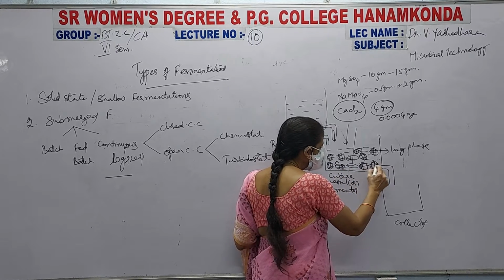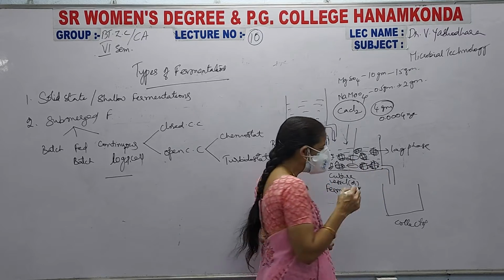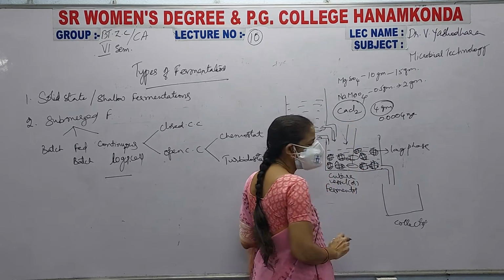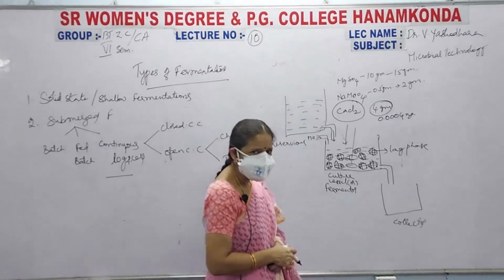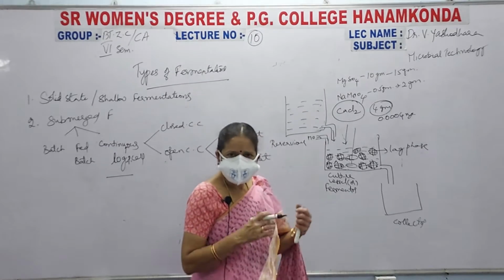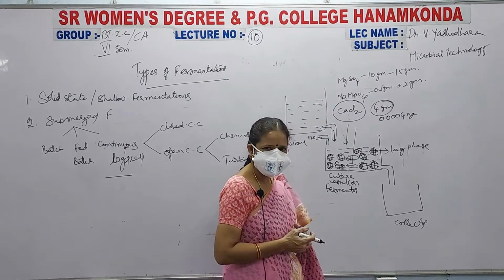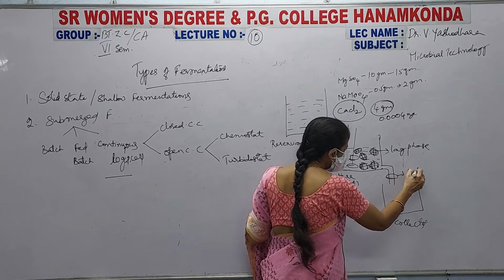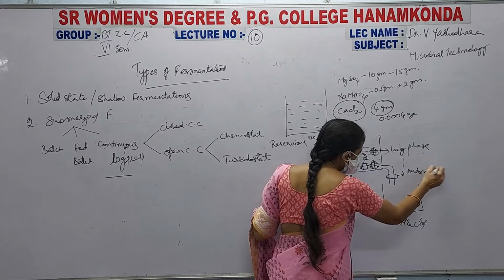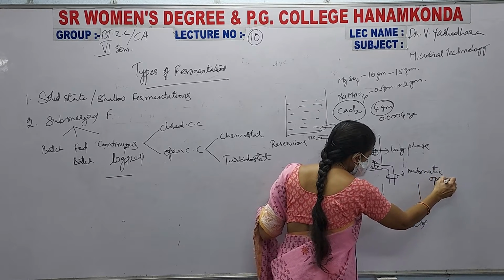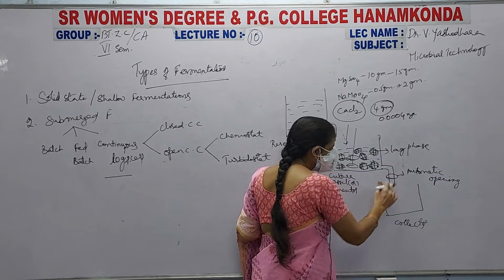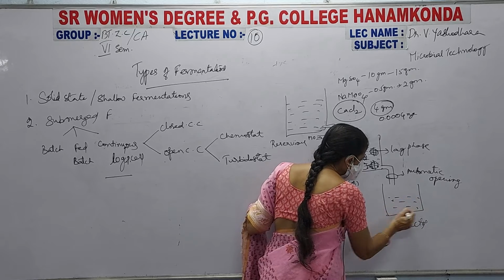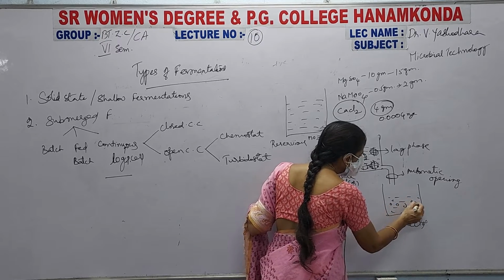That is when the cells enter into log phase simultaneously, immediately after adding this calcium chloride, within half an hour or 1 hour, based on the standard time of this reaction. This knob, which is an automatic opening, will open and all the cells are collected here, consisting of small cells.